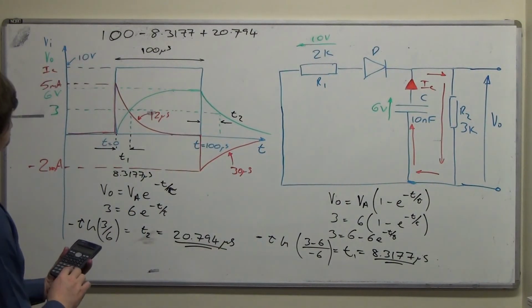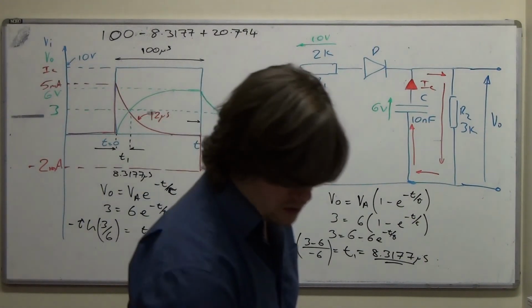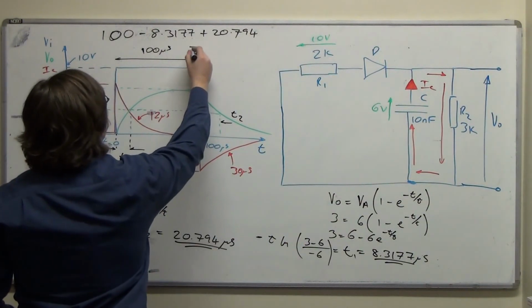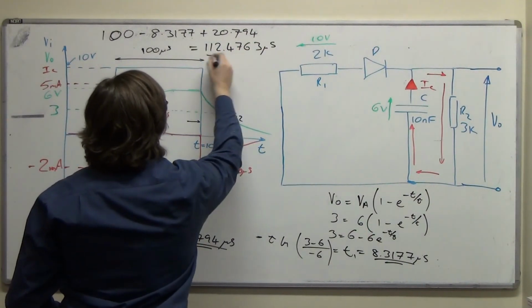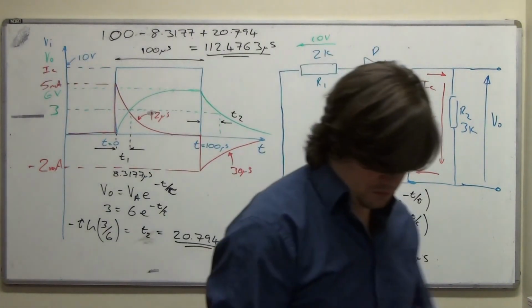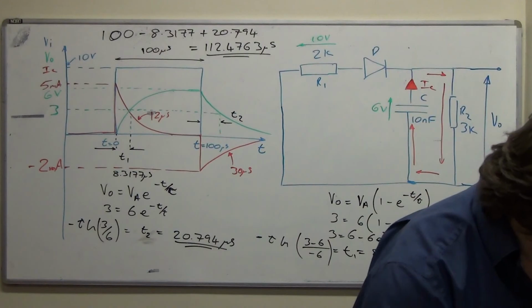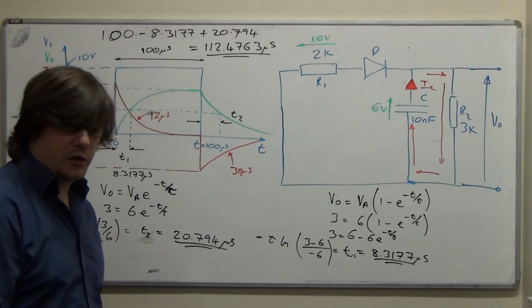So 100 minus 8.3177 plus 20.794 is 112.4763 microseconds. So the output pulse length is longer than the input pulse length. Entirely possible. And the answer on the sheet is 112.5, so that's consistent. And that's how you do question 6 part C.